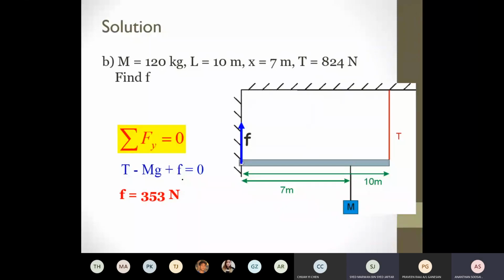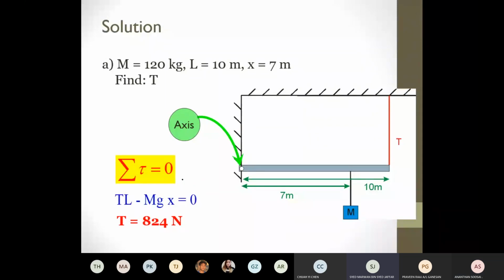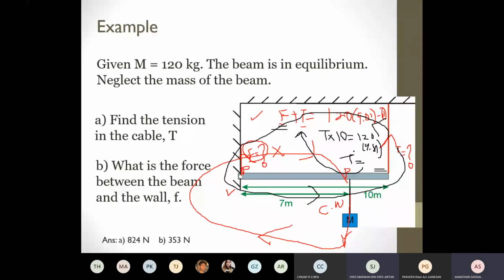Wait, the tension is 824. Can we see the calculation? Do you get 824? You got a different answer. 120 times 9.81 divided by 10, what do you get? Oh, sorry, mistake.